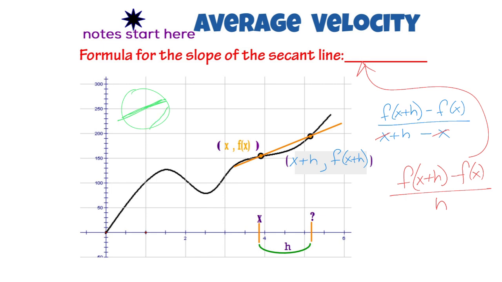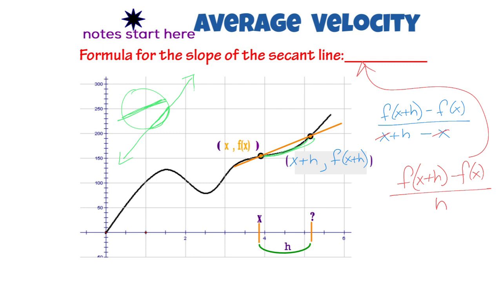A chord is a segment that hits the circle in two places, but if you take that chord and change it from a segment to a line and extend it, now it's called a secant. So a secant is a line that sort of cuts off this arc. And that's what I have going on right here. This is the slope of the secant line because this line cut off this arc right here. That's why we call it a secant line.